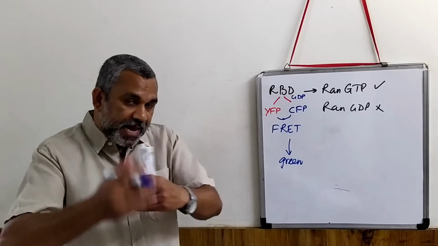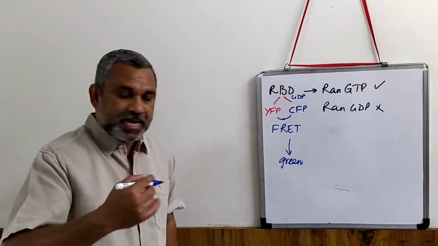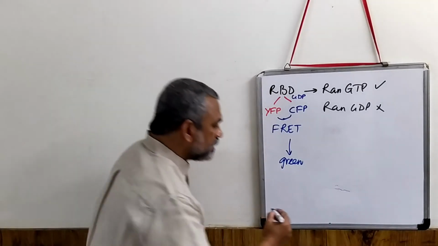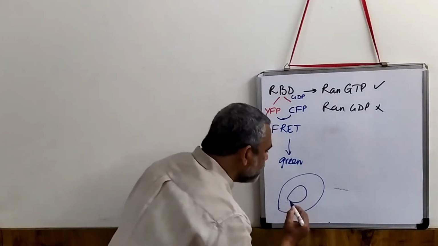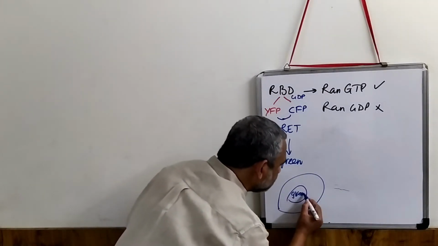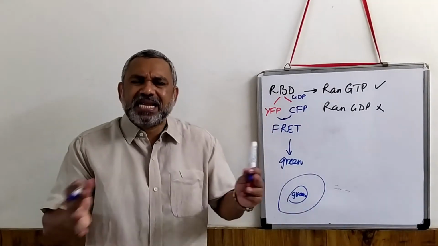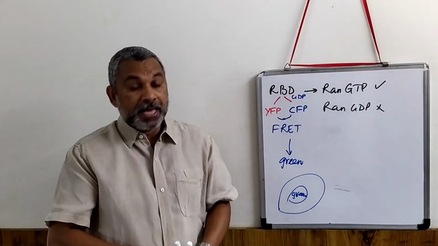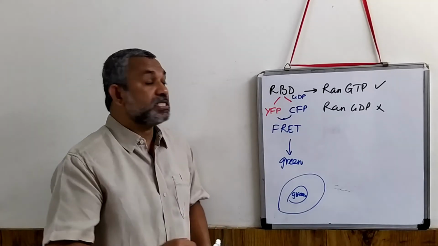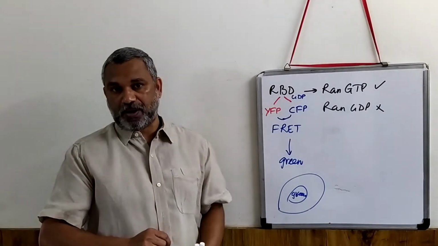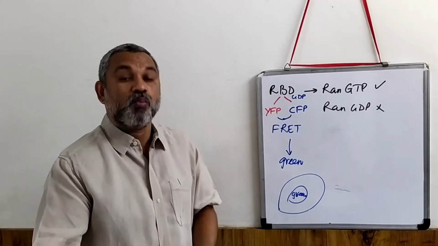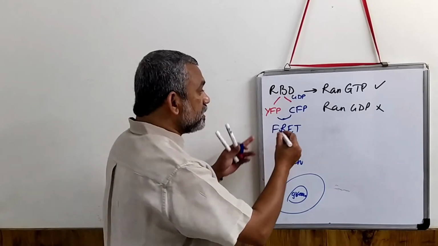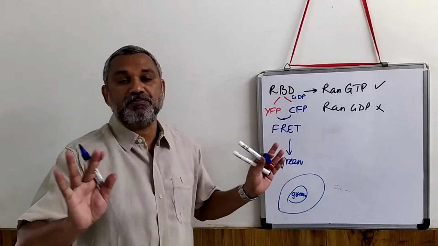Now they carried out this experiment, and in that process, in the cell, the nucleus becomes green, and if the signal is very weak, it is because they have come together. Now if GTP is bound, if GTP is present, what will happen in that case is they are not able to come together.